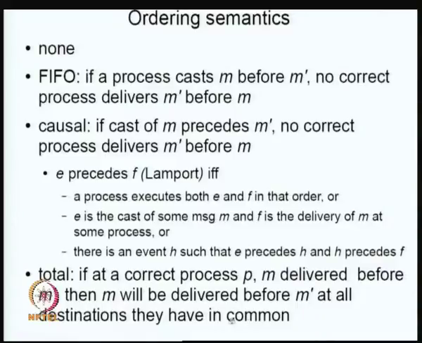So if M is delivered before M prime at a process P, then it should be so at all destinations. This is the total order. It is a very strict and probably sometimes unnecessary restriction, but this is one model.